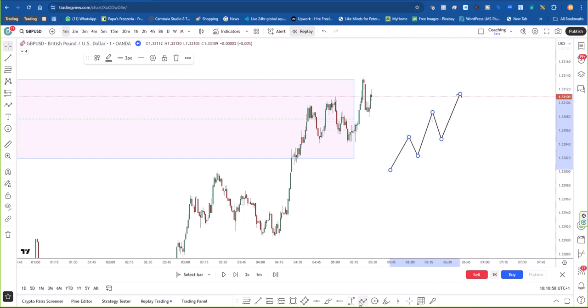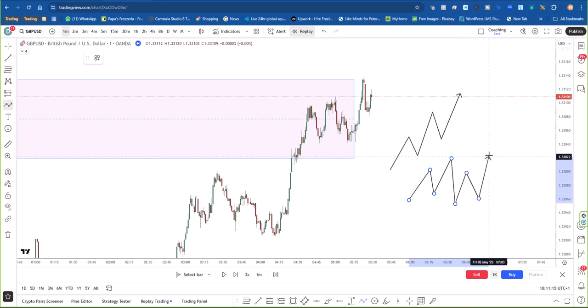Now, when you start to see liquidity build up, which is number two of our process of entry, you see things like this. Price takes that high, comes back, takes the low, comes back, takes the high again. It's just ranging.